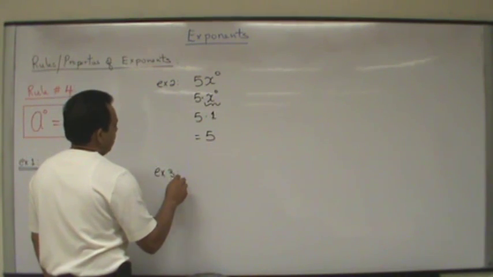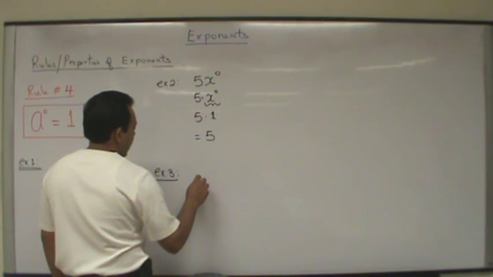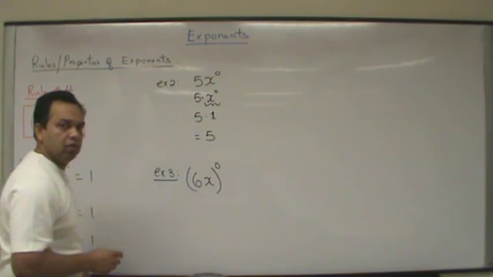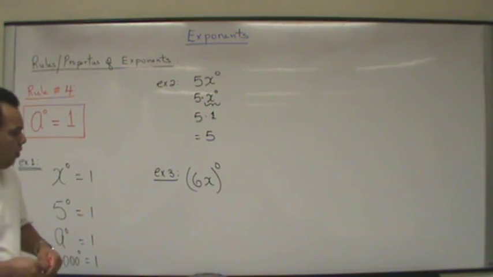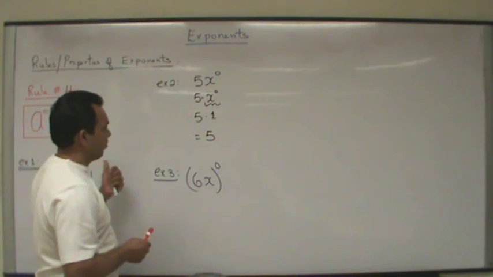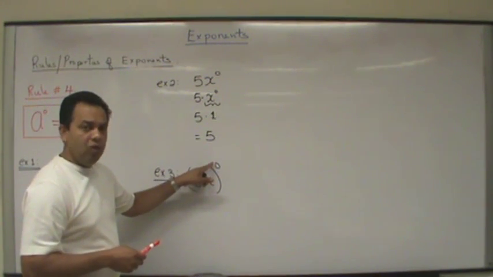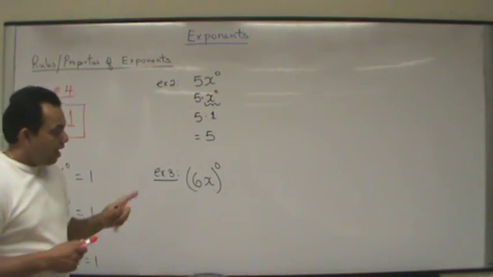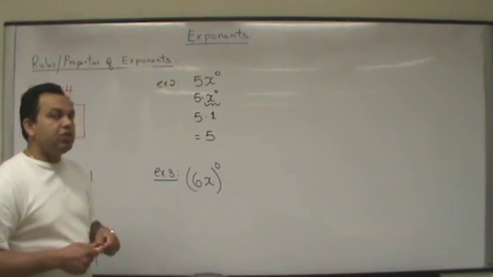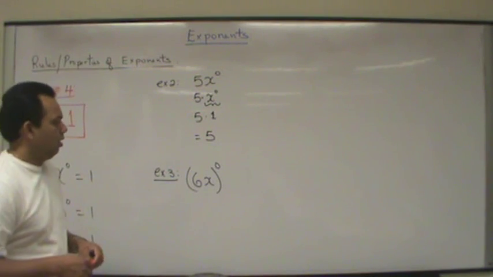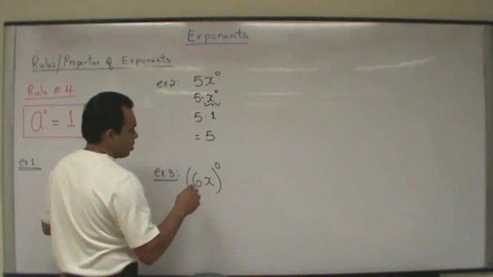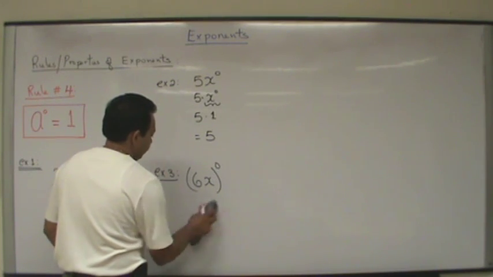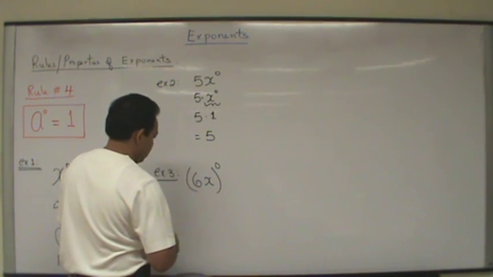On the other hand, example number 3, what happens if I had 6x, everything raised to the 0 power? Well, we have learned in one of the past rules that the exponent on the outside must be distributed to all of the exponents on the inside, assuming that there's no simplification to be done in that parentheses. Well, there's nothing to simplify here, so there is an invisible exponent, for consistency.